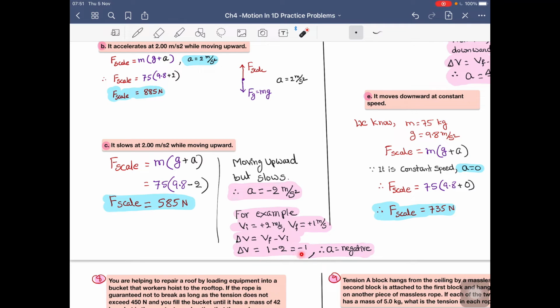So the change in velocity we got is negative. Therefore, acceleration, the rate of change of velocity, will also be negative. This way you can check whether you are writing the correct sign for the A or not. So we know now A equals negative 2. Plug in the value here. So you will get F scale equals 585 newtons.